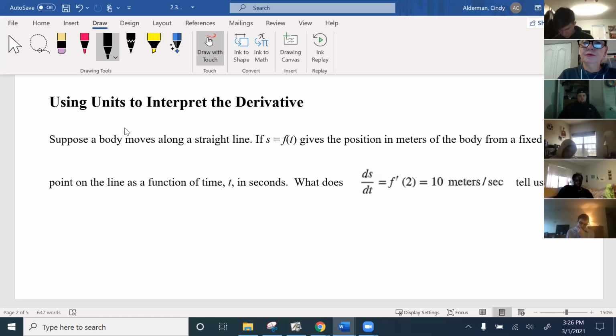So this is Leibniz notation, right? Let me spell his name right. Leibniz.